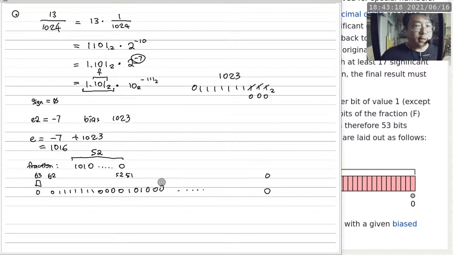So now we have this bit pattern, which is 64 bits wide. And how do we check whether this is right or not? Because I can claim all I want that this 64-bit representation, using the IEEE double precision floating point format, should be representing 13 divided by 1024.